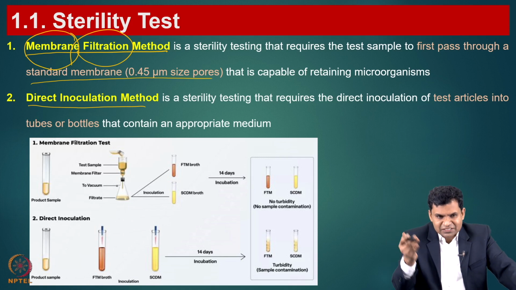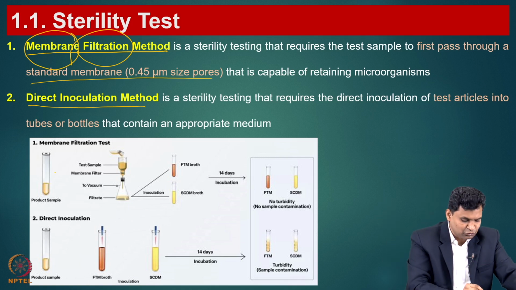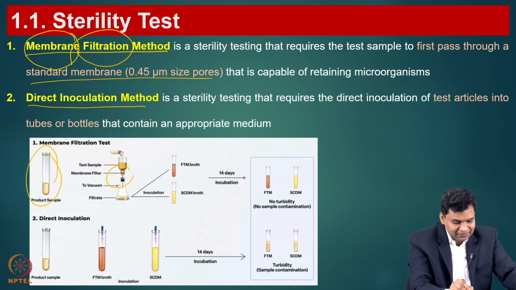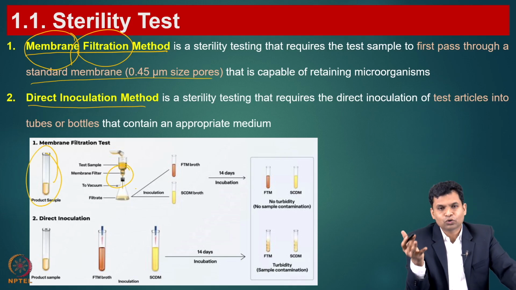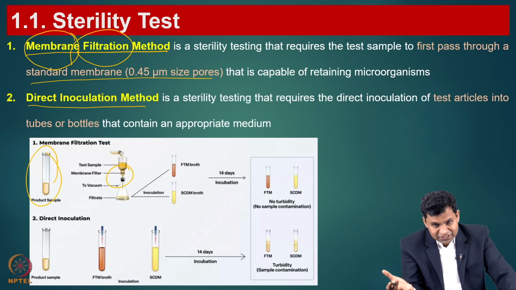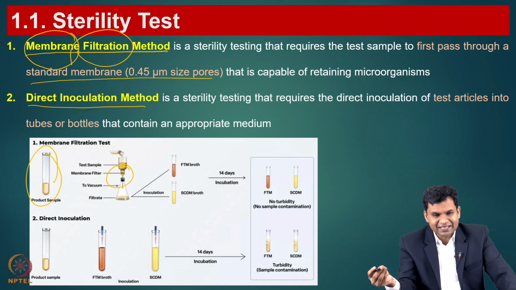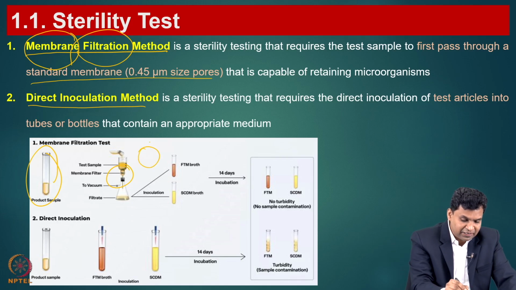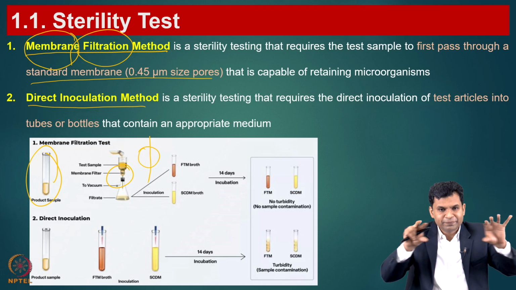After passing your sample, you can see in the pictorial representation, this is your sample, and you need to filter it. Whatever microorganisms are in your formulation, if it is non-sterile, will be retained on that membrane. Later that membrane needs to be cut into two pieces.